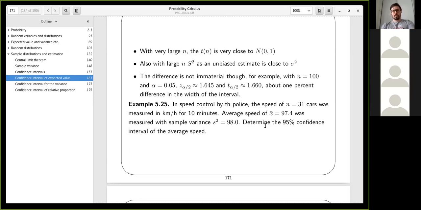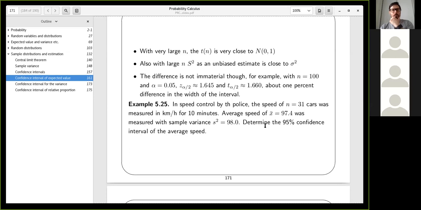If you calculate the z alpha over 2, meaning with known variance, in the formula where you know the variance, the factor would be 1.645. The t distribution with 99 degrees of freedom, on the other hand, gives a level of 1.66 for alpha.